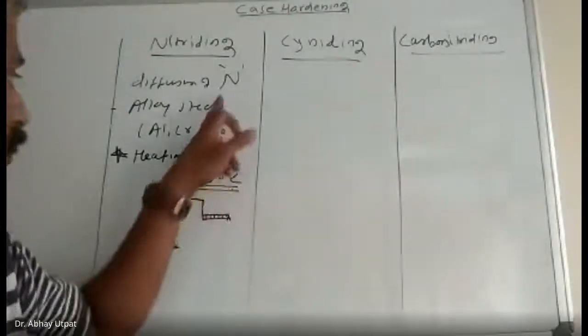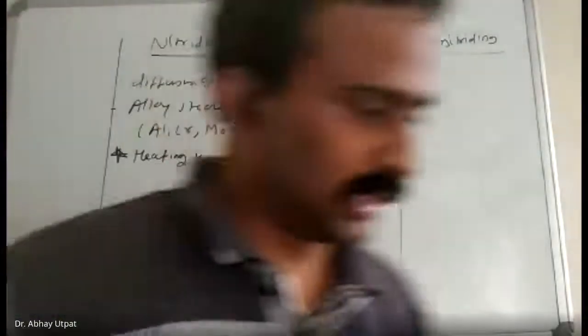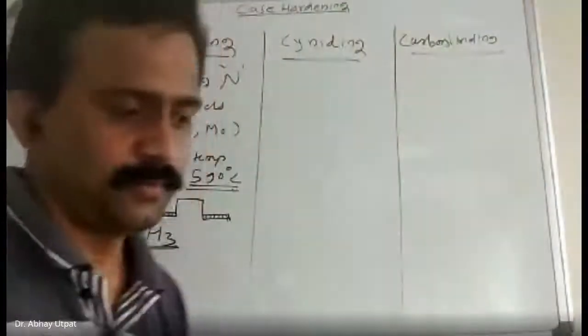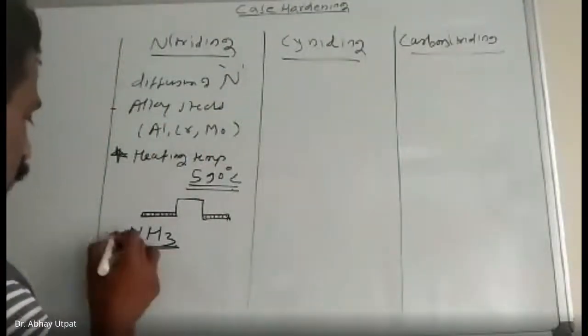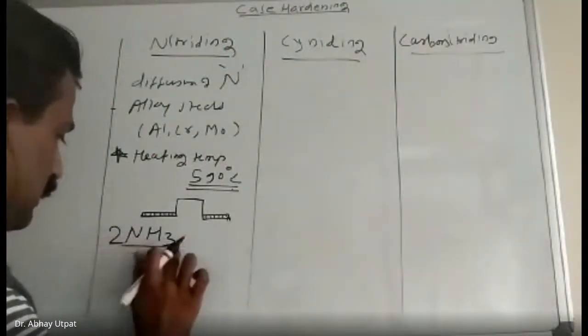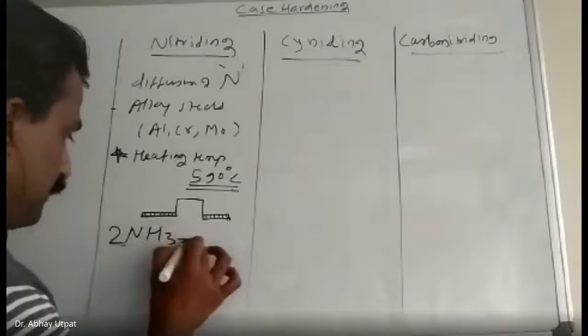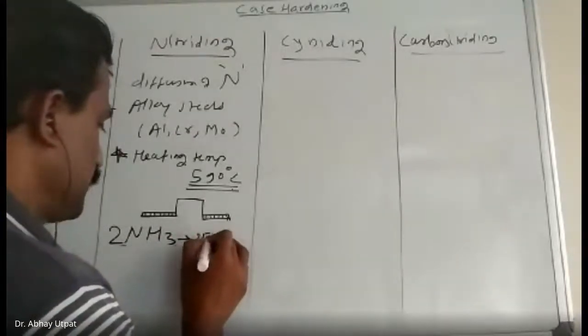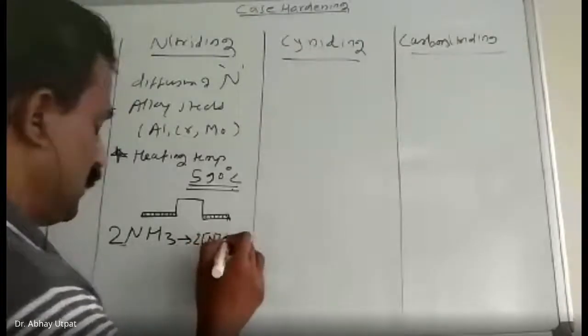So I hope you have written this. Write down the reaction, or before that, write the statement. Nitriding consists of diffusion of nitrogen into the surface of alloy steels.